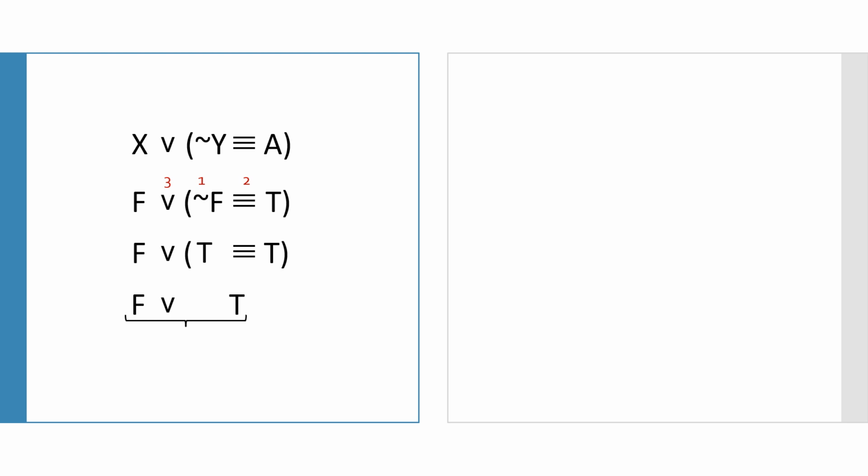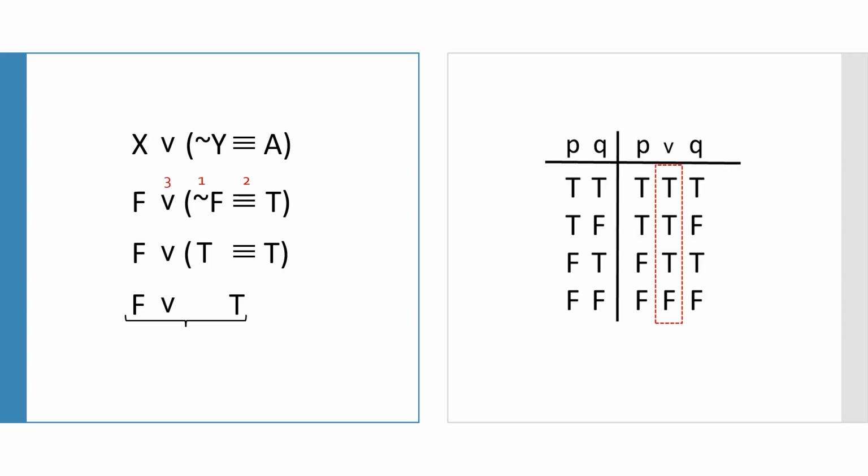And so I now need to figure out, as a final step here, the third operator, I need to figure out what the truth value of such a disjunctive claim would be. And if we go to our truth table for disjuncts, when we find false on one side and true on the other, we know that it's going to be true. And in fact, the only time a disjunctive claim will be false is if both sides are false.